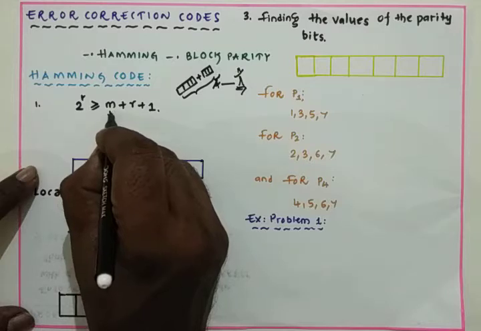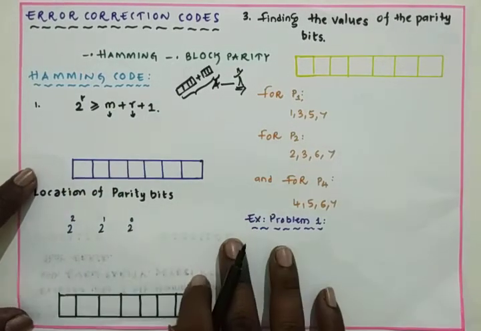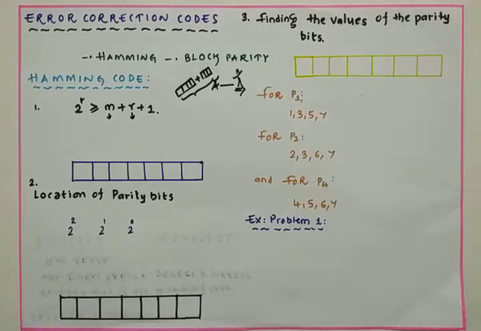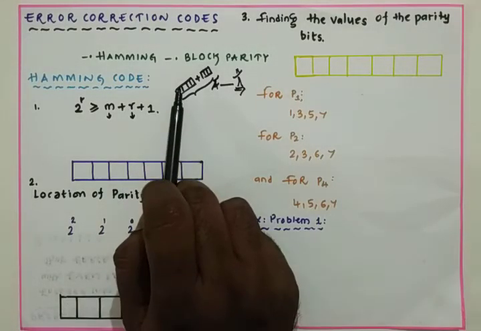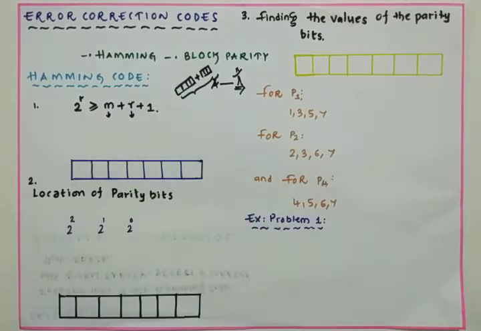Here m is the number of data bits, and r is the number of parity bits. The question is that based on the size of the data, we have to choose the number of parity bits to be added to that data.